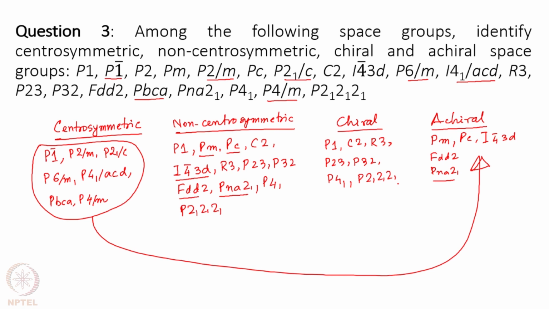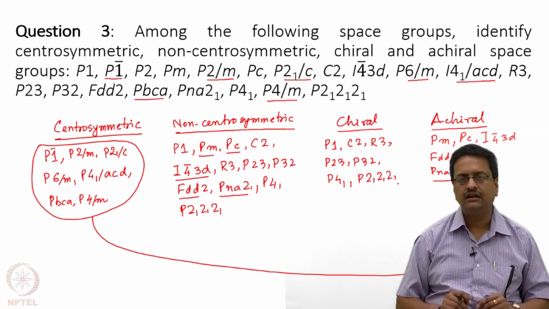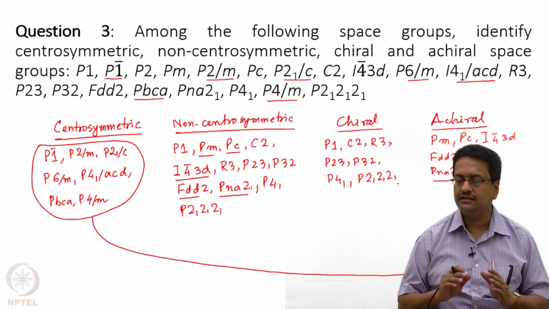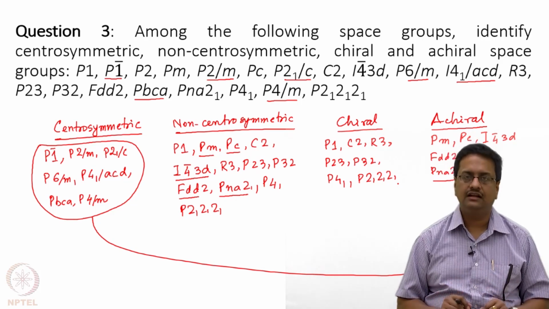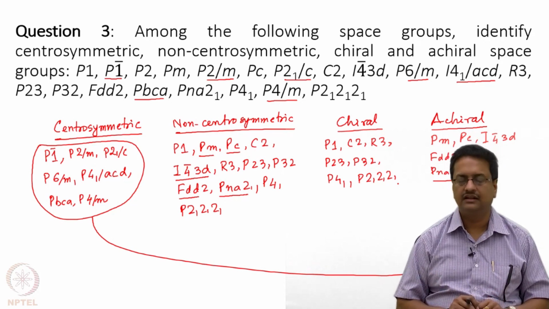If a racemic mixture crystallizes, it can crystallize in a centrosymmetric or in a non-centrosymmetric space group, but it has to crystallize in one of those achiral space groups. It may be a centrosymmetric space group or it may be a non-centrosymmetric but achiral space group. So this is how one should understand the space groups which are possible for a chiral compound and which are possible for a racemic mixture.